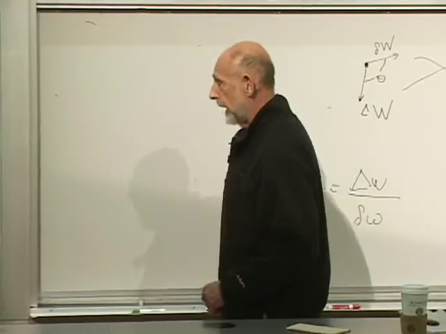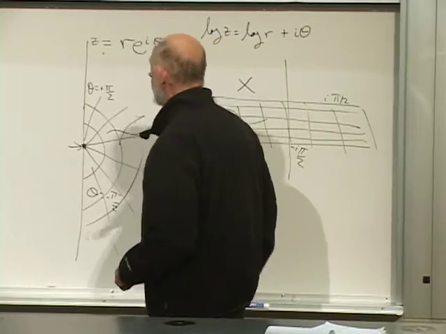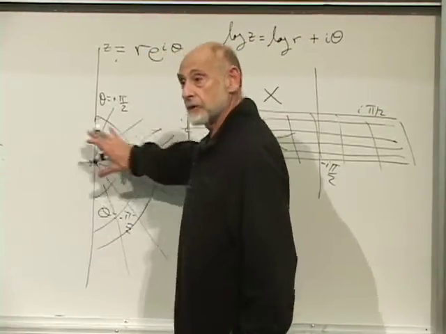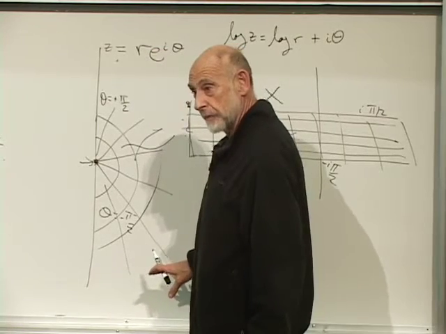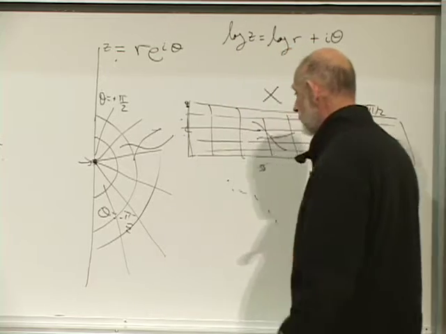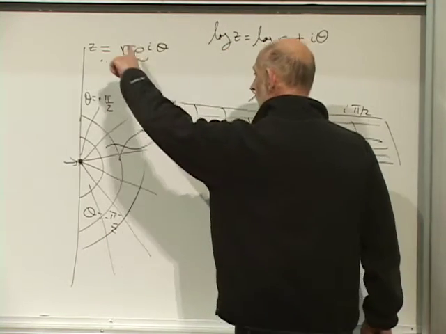Oh, before I do that, let me tell you what happens if you map the whole plane by the same transformation. If you map the whole plane, the angle goes from minus pi over 2 to what?